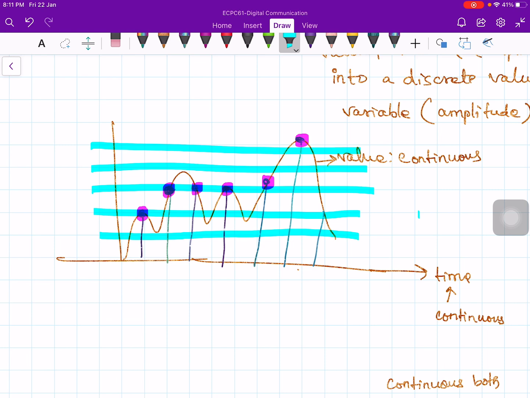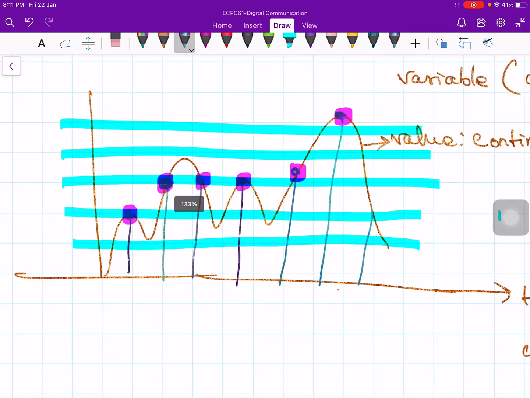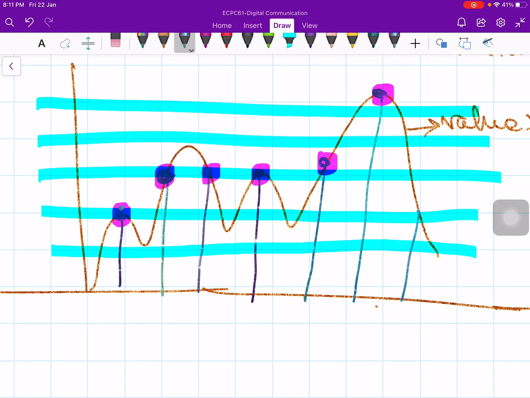So you just round off. This point, you round off to this one. This point you bring back to this value, and this value you bring to this value, like that.